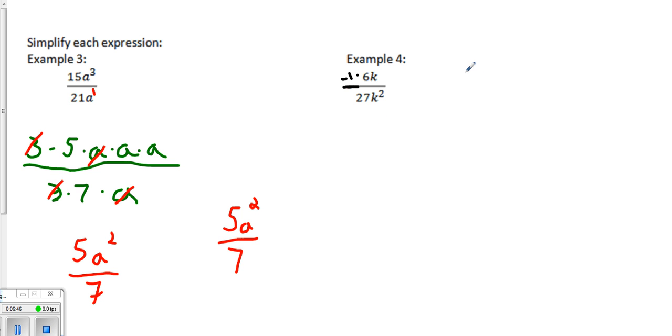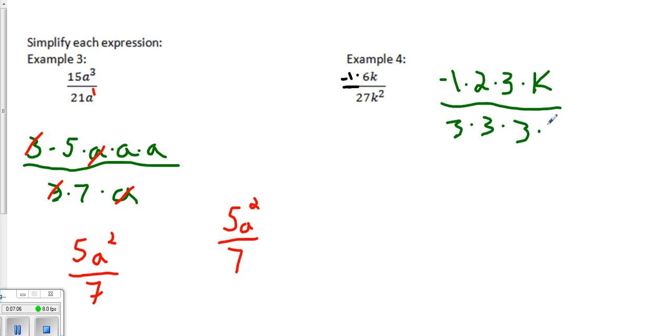If we want to break this up into all of its factors first, -1 times 2 times 3, because 2 times 3 is 6, times k, all over 27, which is 3 times 3, which is 9, times 3, which is 27, times k times k.